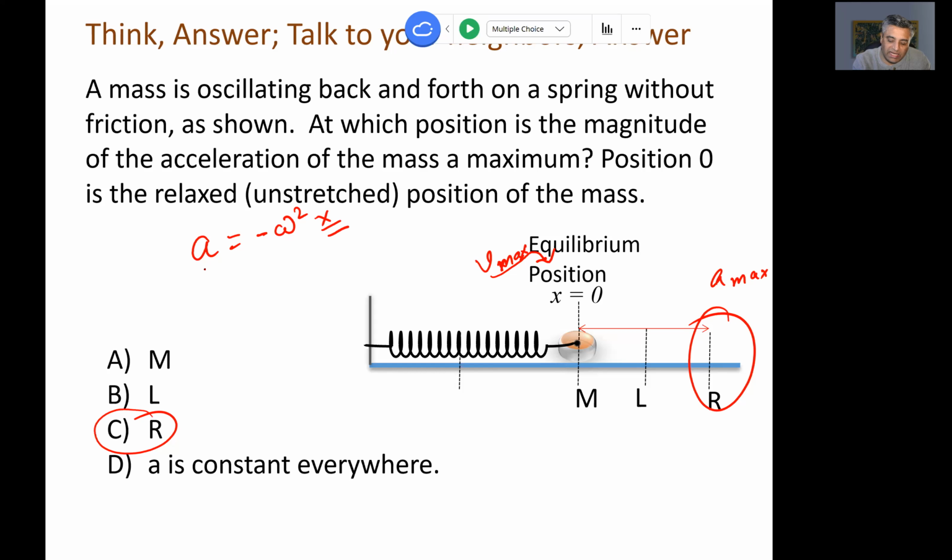When x is maximum, a is maximum. Remember this negative sign. The negative sign simply means direction. It does not mean larger or smaller value. So whenever x is largest, a is going to be the largest as well. That's another way to look at it.